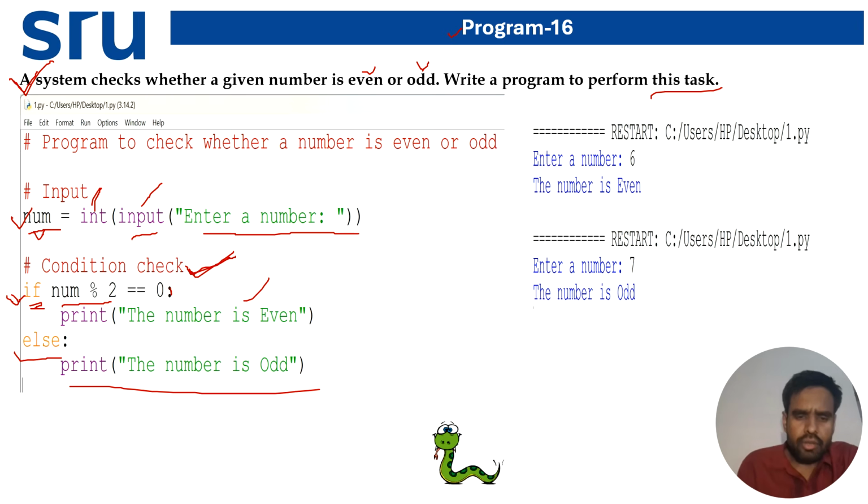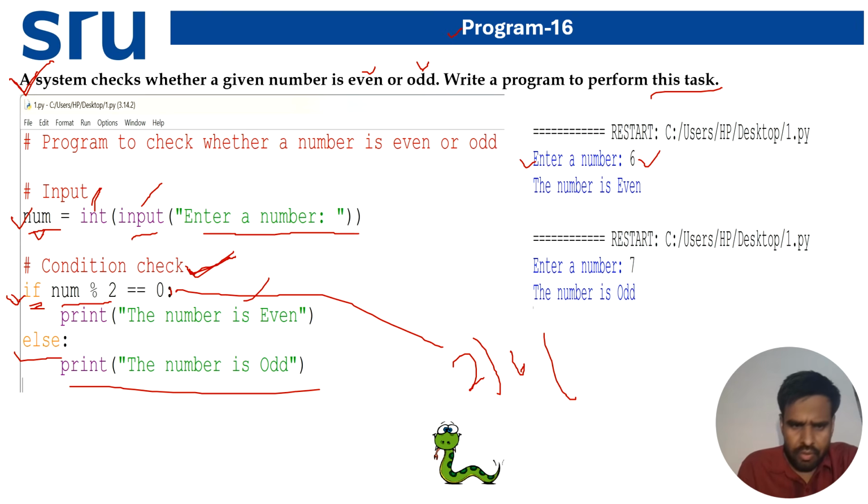So here I am given enter a number. I am giving 6. If you divide 6 by 2, this is num, this is num.